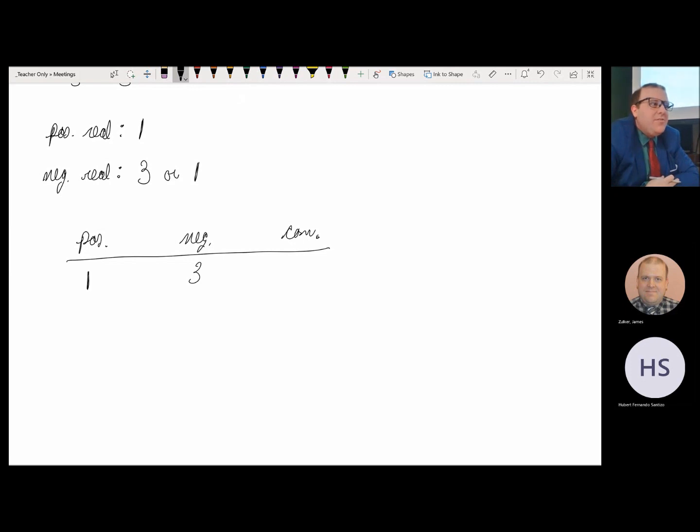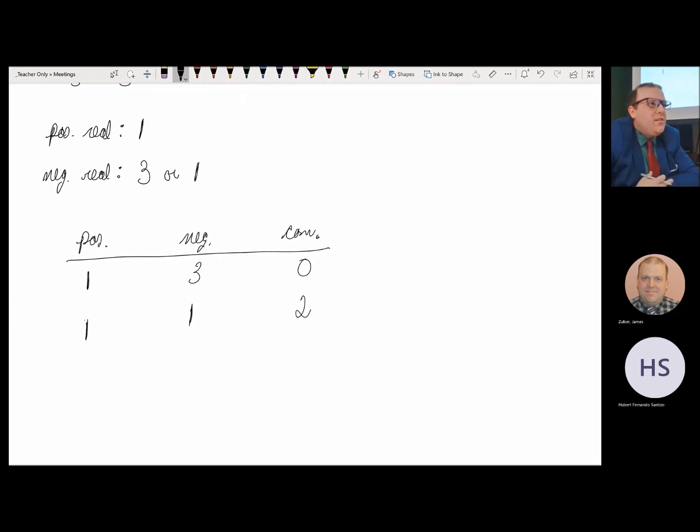Then how many complex would we have? 0, none, because we already account for the 4. We're going to have 4 zeros. 1 positive, 1 negative means how many complex?